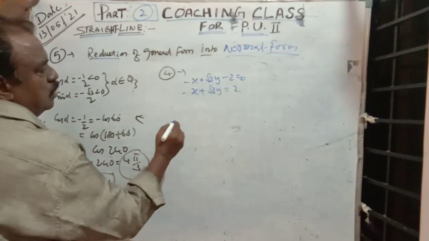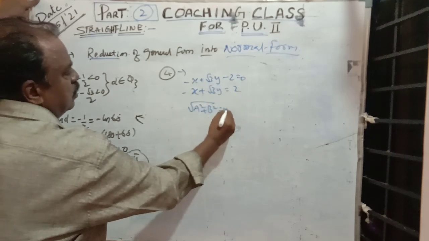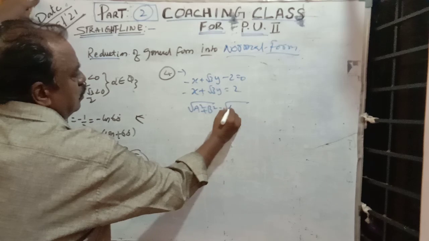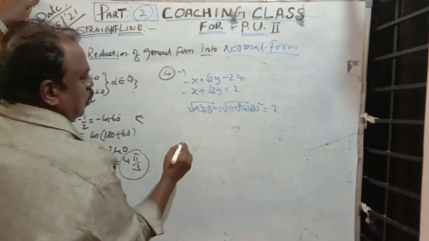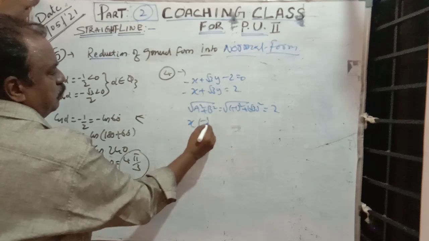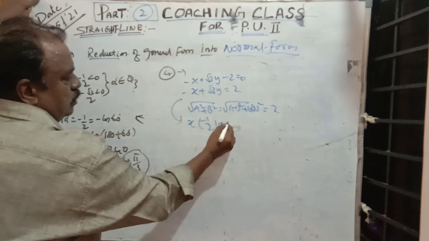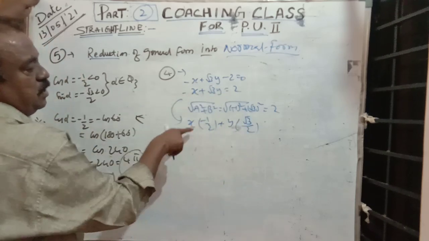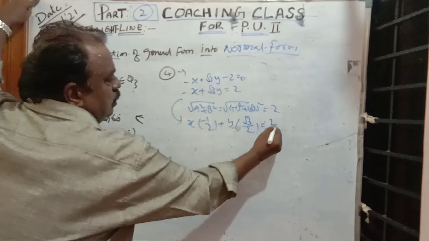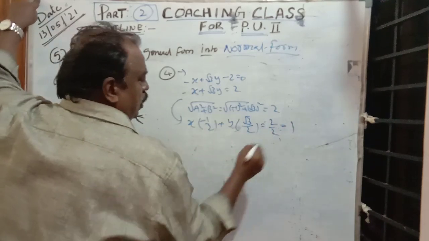Note it well. Here also root of a square plus b square is root of minus 1 squared plus root 3 squared, which is 2 only. So x of minus 1 by 2, y of root 3 by 2. We are dividing with 2 only. Here it is 2 by 2, nothing but 1.